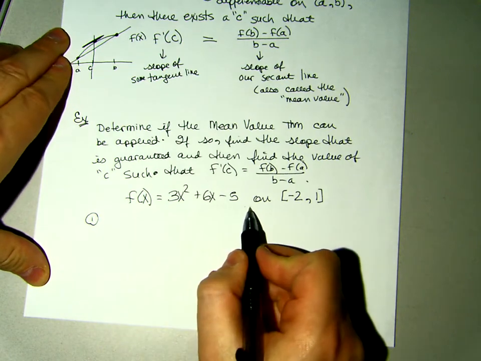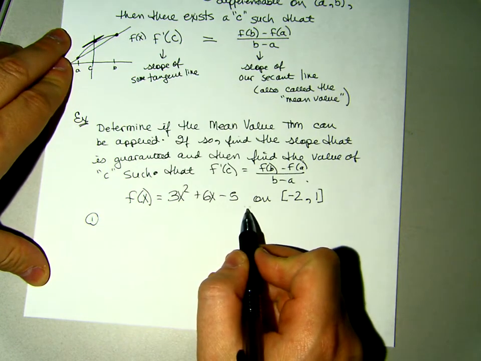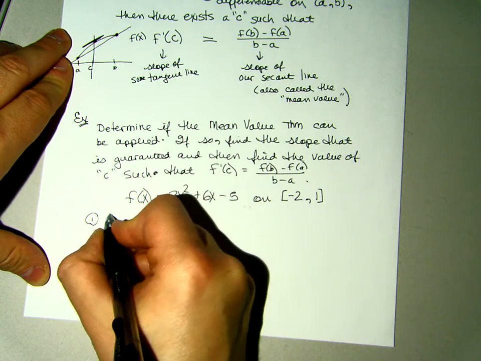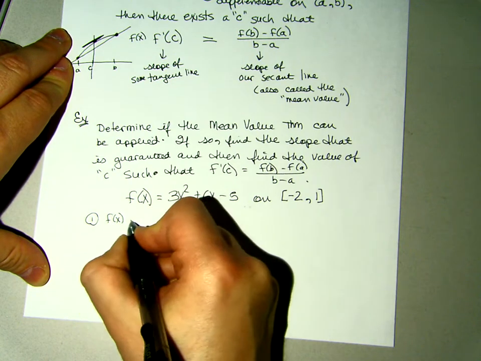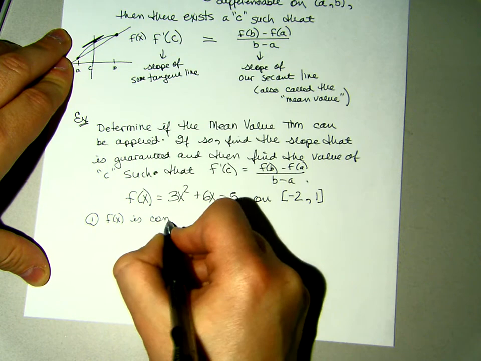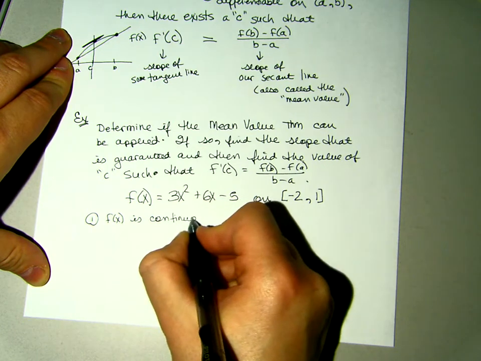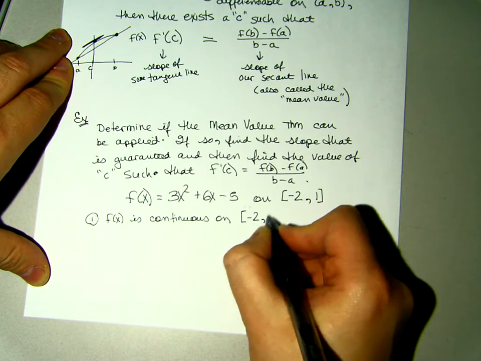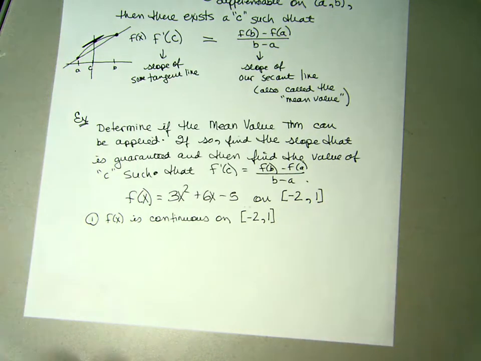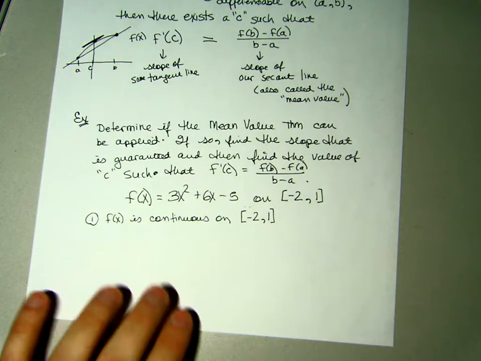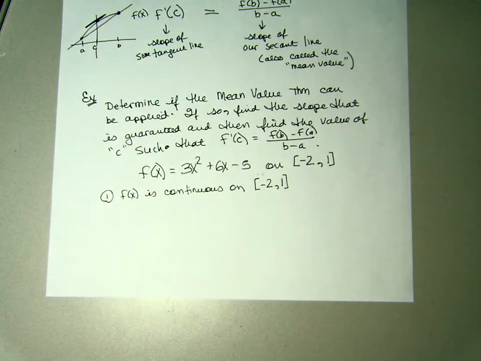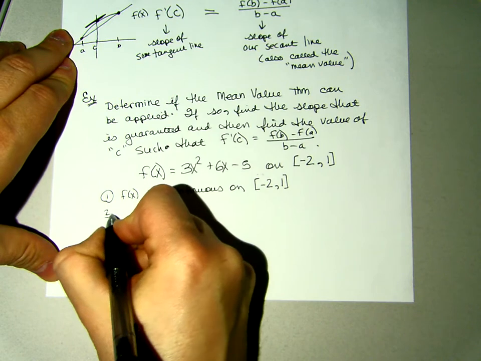Is this function continuous? Sure, all polynomials are continuous. I need to actually explicitly say that, though. Number one, f of x is continuous on that closed interval that we care about, on the interval between -2 and 1. Is it differentiable?